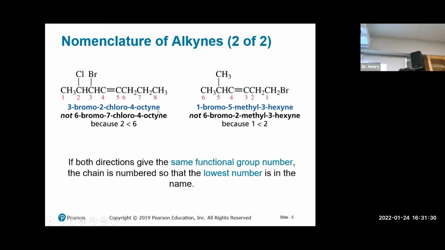And it's not going to be 6, 7, because we want to have the lowest numbers possible. Now that's if we're able to get it from both directions. Otherwise, we want to give our triple bond or our double bond the lowest number. So if our triple bond or double bond was over here, that would be different. Does that make sense?